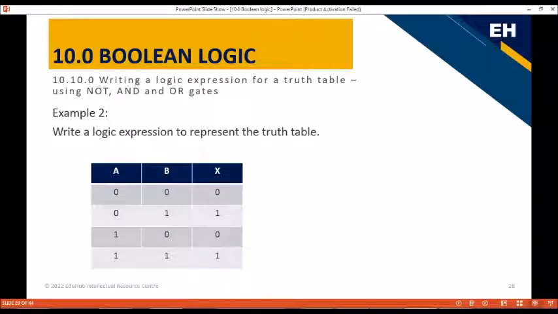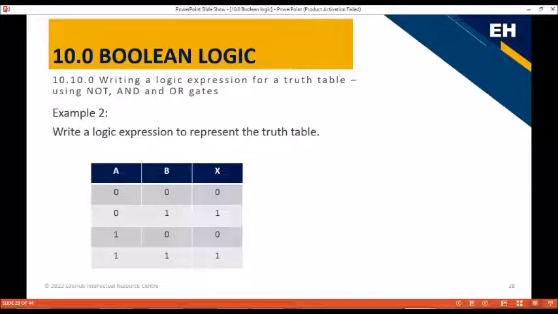Example 2. Write a logic expression to represent the truth table. Now in this truth table, it doesn't look similar to any of the logic gates that we have solved in the past. And we have two rows whose outputs are 1.